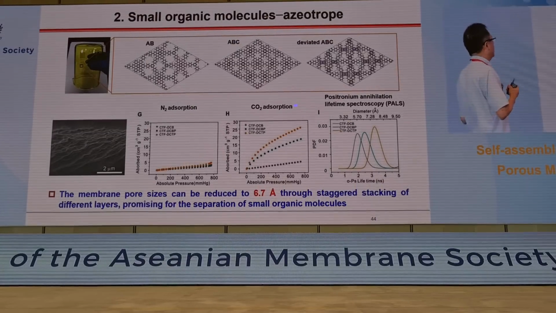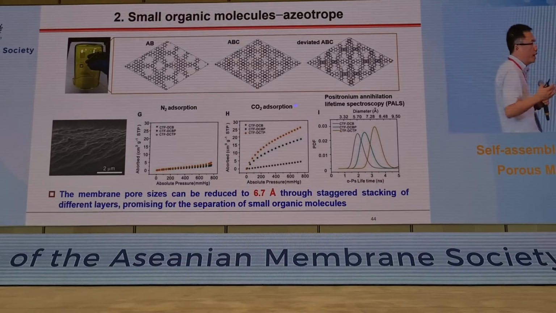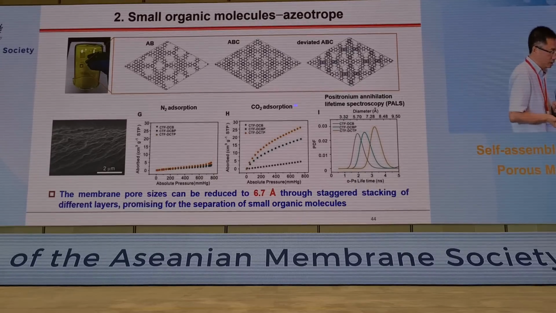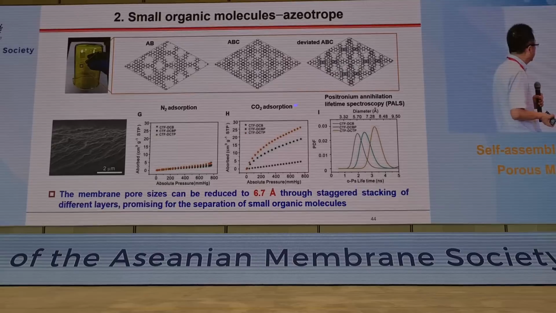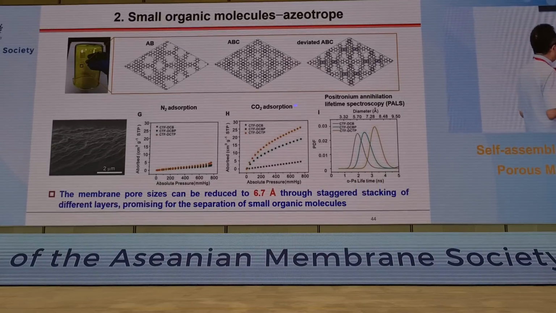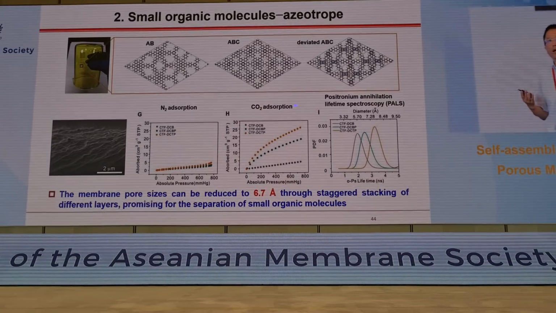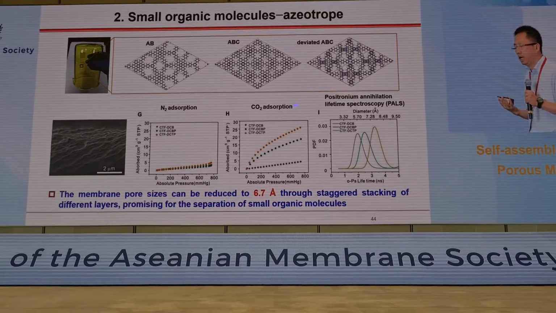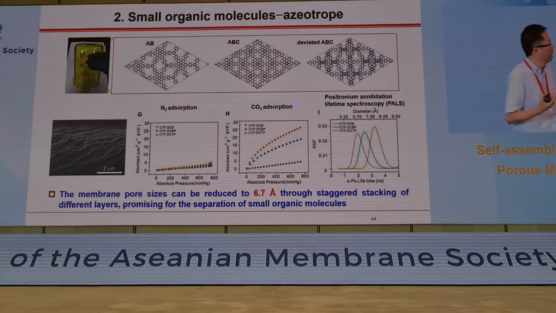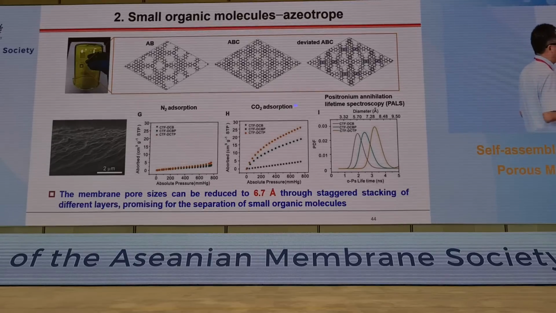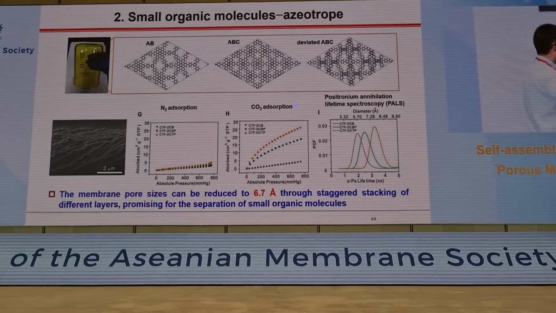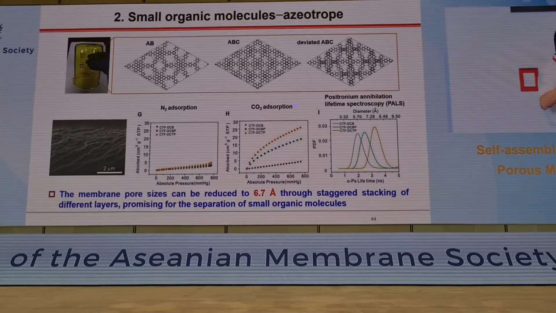So for the first example in this part, we try to use the well-known interfacial polymerization method. We found the membrane pore size is reduced from 1.8 nanometers to 6.7 angstrom through the stacking of the porous polymer layers.